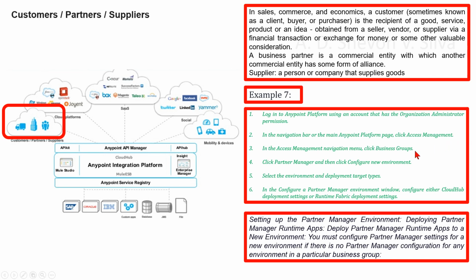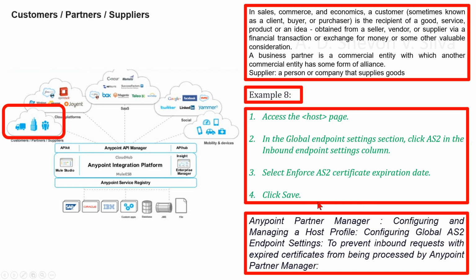Three, in the Access Management navigation menu, click Business Groups. Click Partner Manager and click Configure New Environment. Select the environment and deploy the target types. Six, in the Configure a Partner Manager Environment window, configure either CloudHub deployment settings or Runtime Fabric deployment settings.